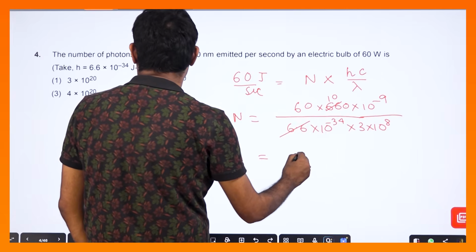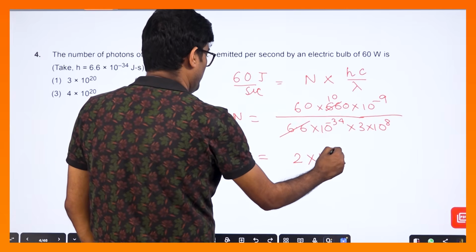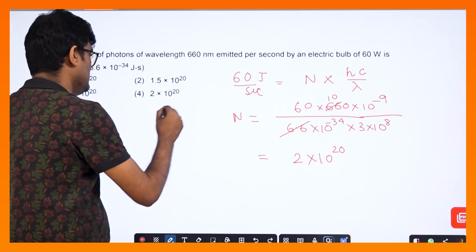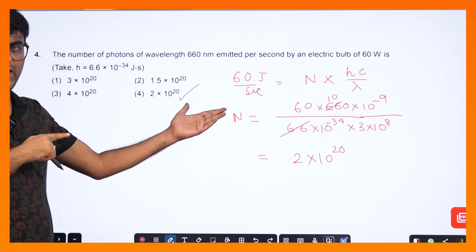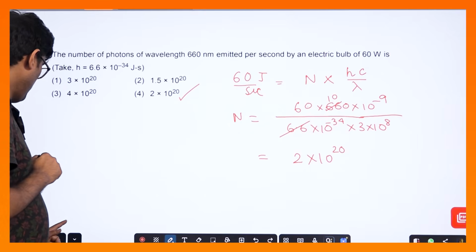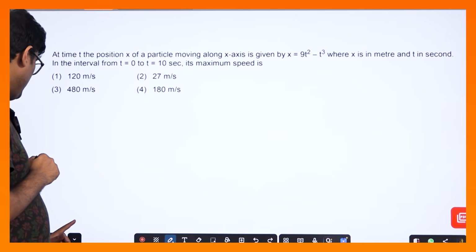I think 2 into 10 power 20 will be the answer. 2 into 10 power 20, it's an easy calculation, is the correct answer for this question. So this is the solution. I think you have understood, you can relate it from the concept of photoelectric effect.